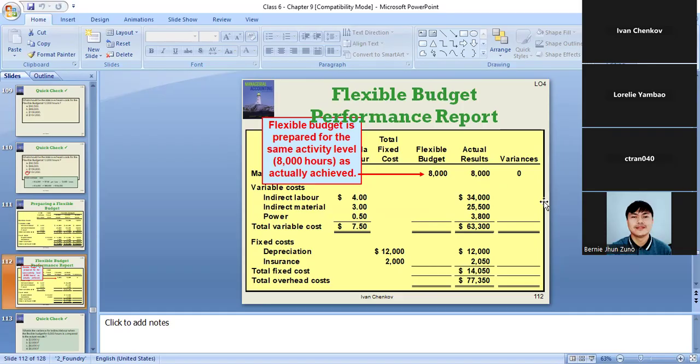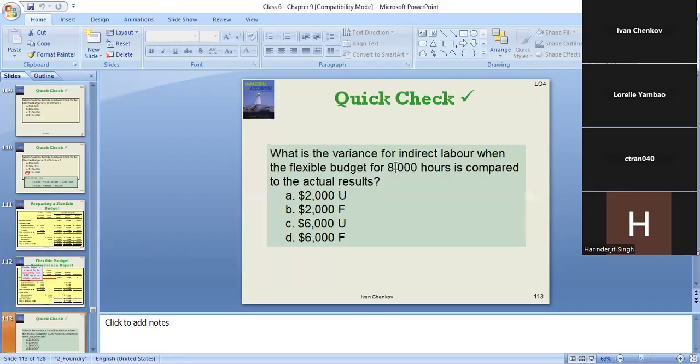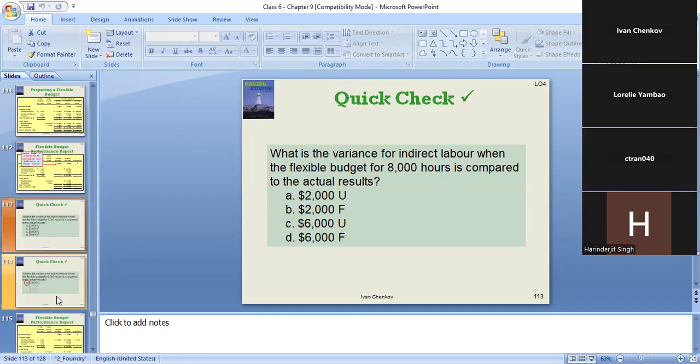Yes, $2,000. Is that in our favor or against us? Against, because we're overspending. How much are we overspending? $2,000. So what will be the answer here? What's the variance for indirect labor? A, $2,000 unfavorable. Unfavorable. That's correct.